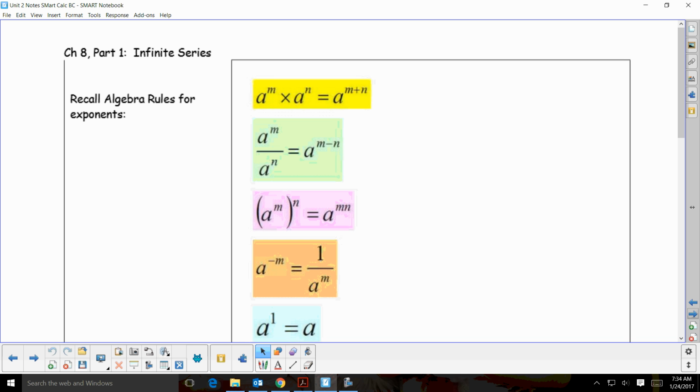Divide, take the top minus the bottom, or if you leave it in the bottom, you would do the what? N minus the M, right? So you could also leave it in the bottom. We just want to go whichever is bigger, basically, right?